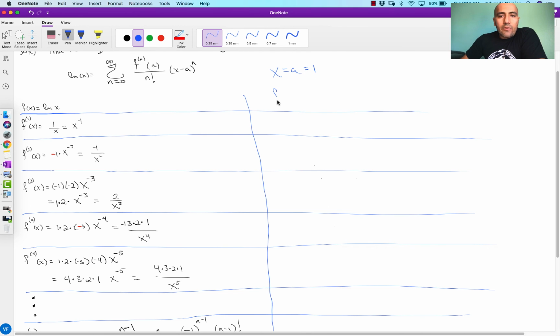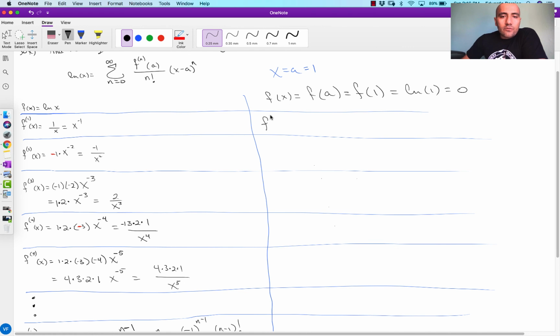So we're going to have to evaluate f of a, which is equal to f of 1, which is equal to ln of 1, which is then equal to 0. So that first term is 0.